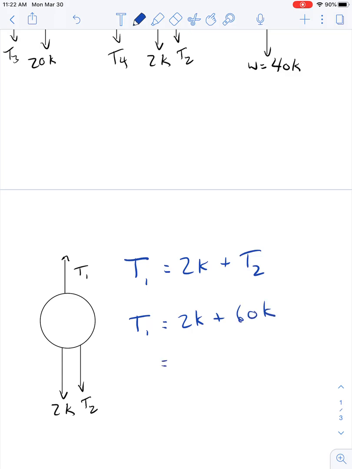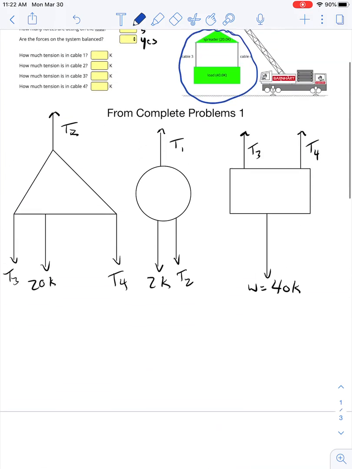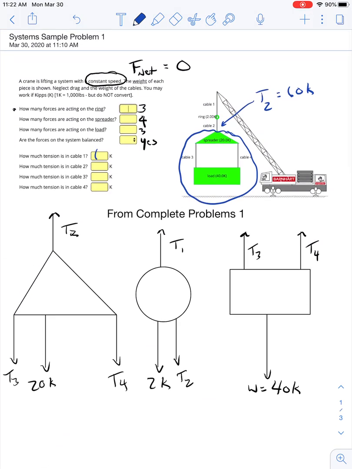So therefore, T1 is going to be equal to 62K. Let's write that in up here. How much tension is in cable 2? Well, we just found that. Cable 2 is supporting the spreader and the load, so it's supporting 60K of weight.